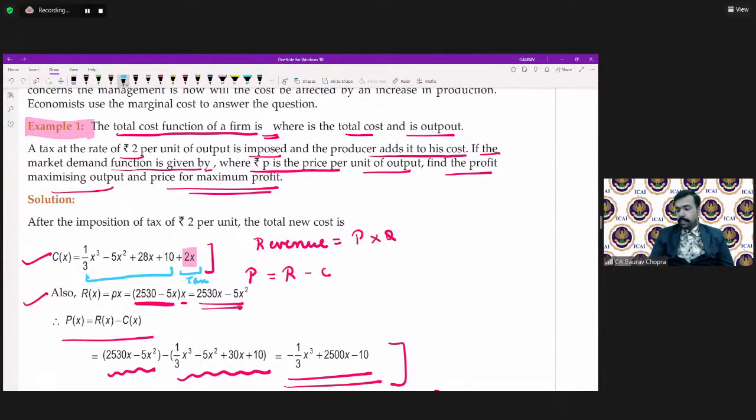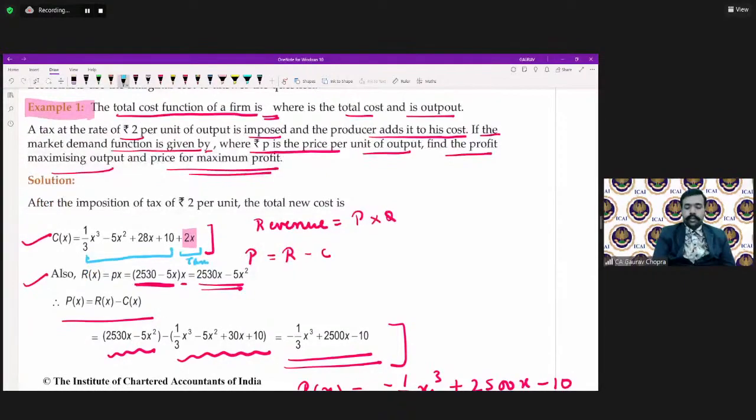All right, Vishal. How do we get px? See, px means, when we are talking about revenue, it is price multiplied by quantity, and the function for price is given in the question. The question will give this equation.